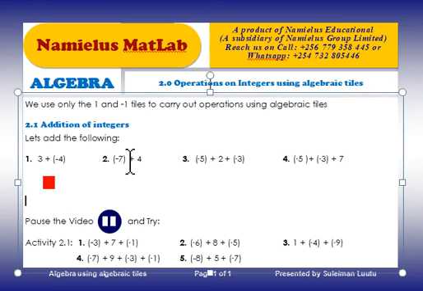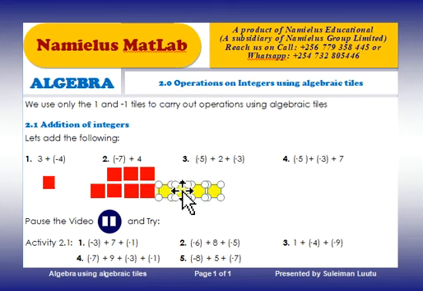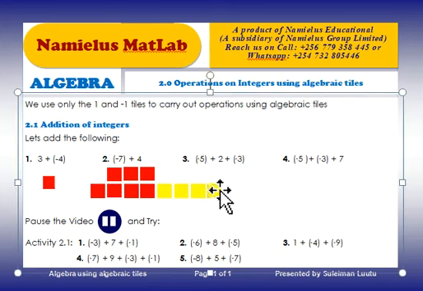Let's look at number 2. We have -7 plus 4. So we first of all get the -7, which is this -7, and then we can add the 4, which is positive here. Now, when you look at them, remember each negative face cancels out with a positive face.